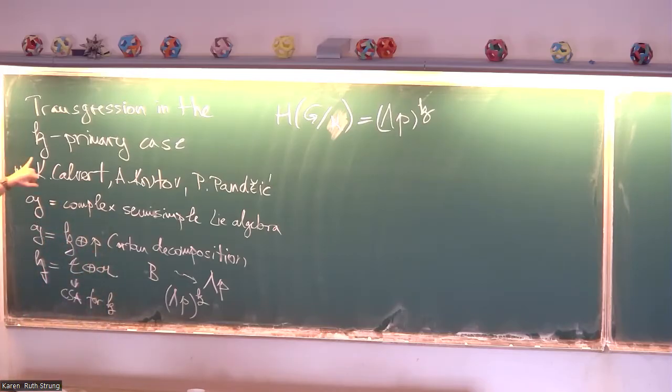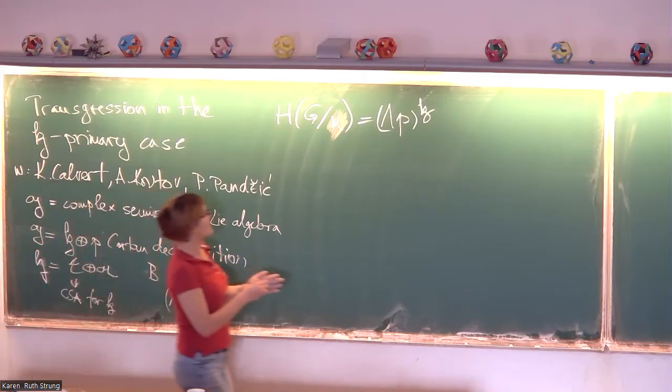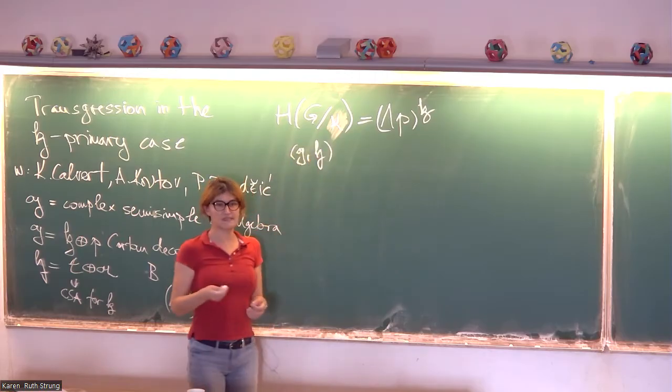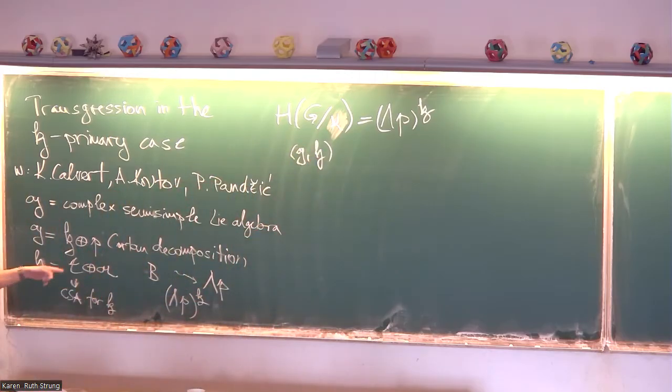Now, I won't be looking at all the cases. I'm interested in this so-called k-primary case. Right, first of all, we are not interested in the usual G roots, but we can look at the restricted roots.